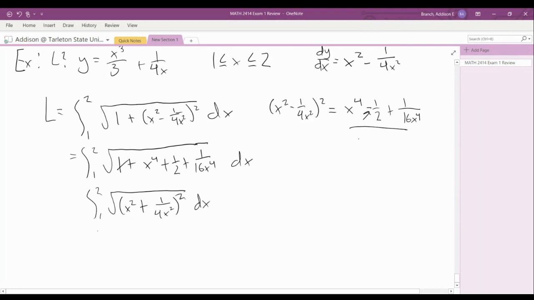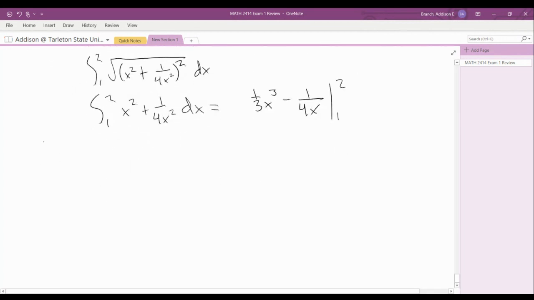That square root and the squared cancel out. We can just do a basic power rule from there to get 1/3 x cubed minus 1 over 4x, going from 1 to 2.